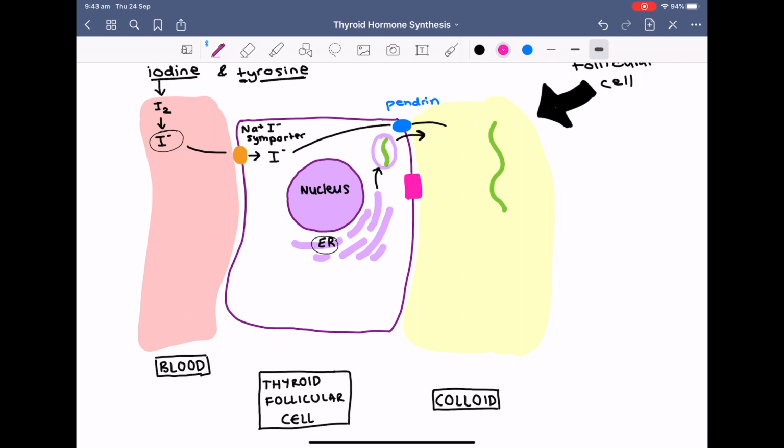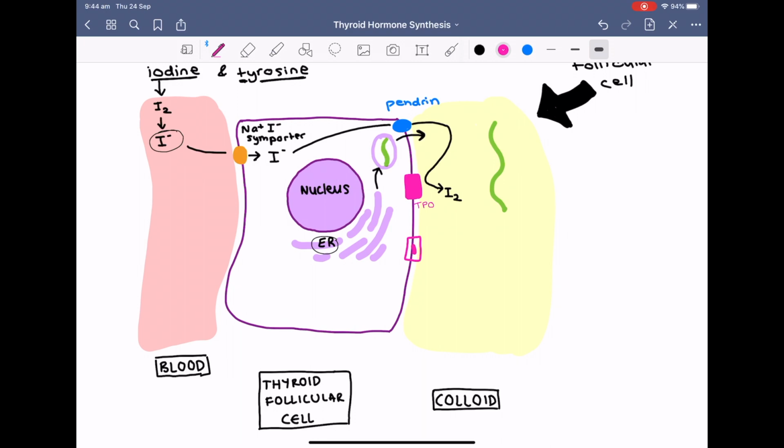Before it can combine with the thyroglobulin, it needs to be oxidized or activated by an enzyme. The enzyme is called thyroperoxidase, or TPO for short. Here it's in pink. So our iodide has now been oxidized to iodine, I2, and it's now ready to combine with the thyroglobulin.